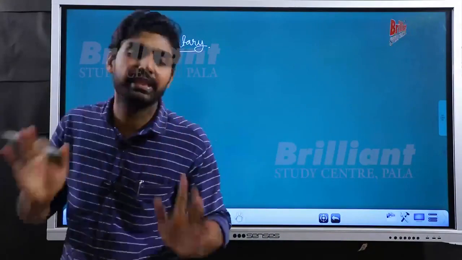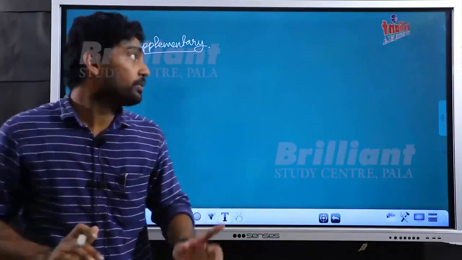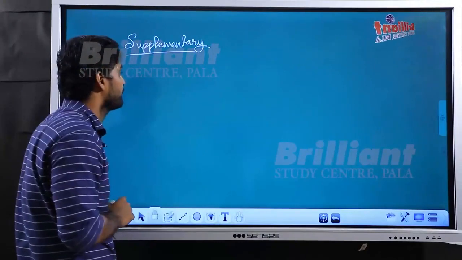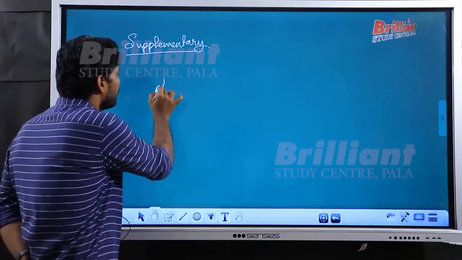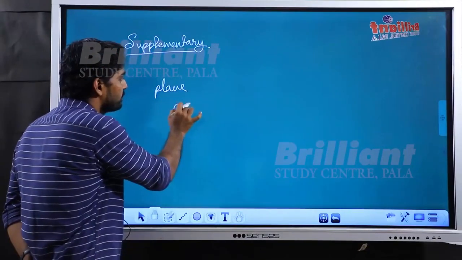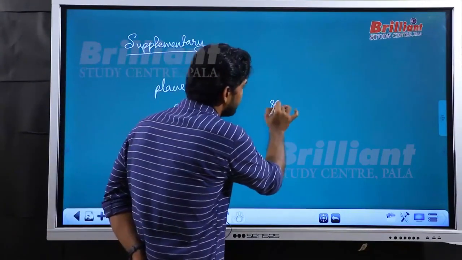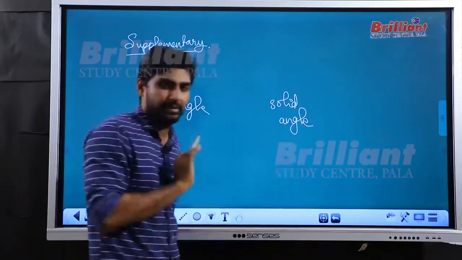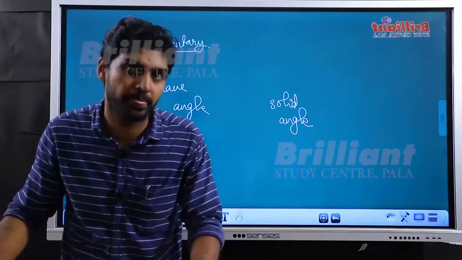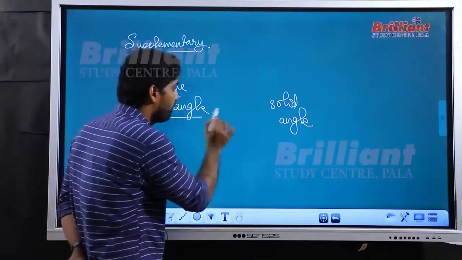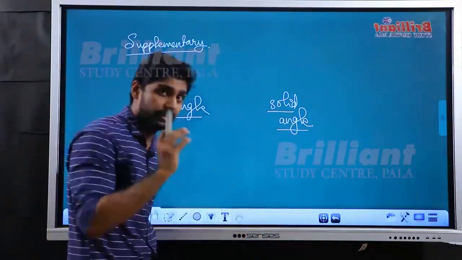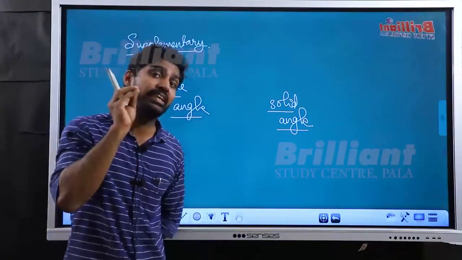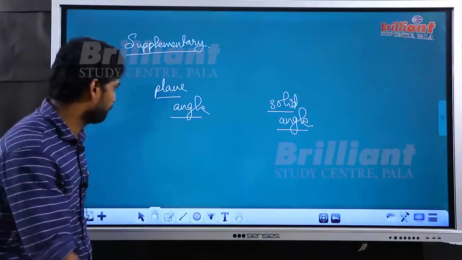They are actually in between. Generally, what we categorize as supplementary quantities are plane angle and solid angle. I'm just mentioning these quantities. What we mean by plane angle and solid angle will be discussed in detail when we are discussing supplementary units.